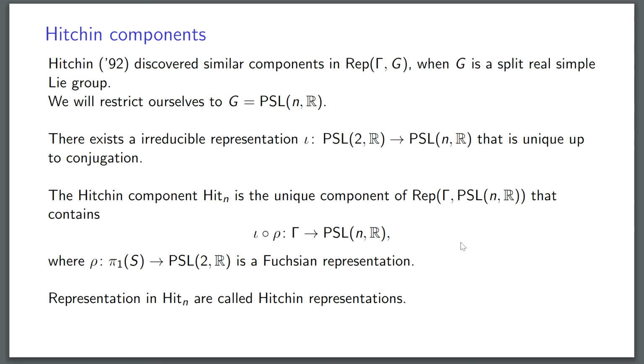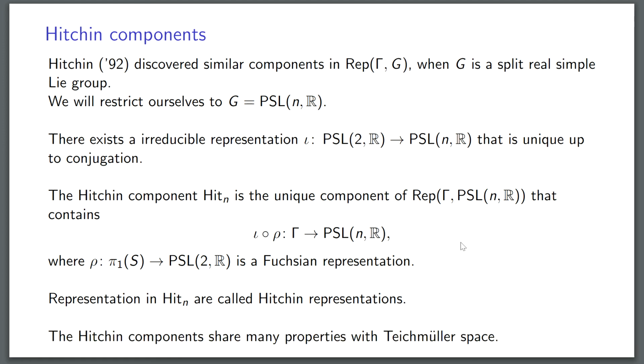And these Hitchin components and Hitchin representations have been studied a lot, generally under the umbrella of higher Teichmüller theory. I do not have time to explain perhaps too much why these components are so interesting, but let me mention that these Hitchin components share a lot of properties with Teichmüller space as we saw it in the previous slide.